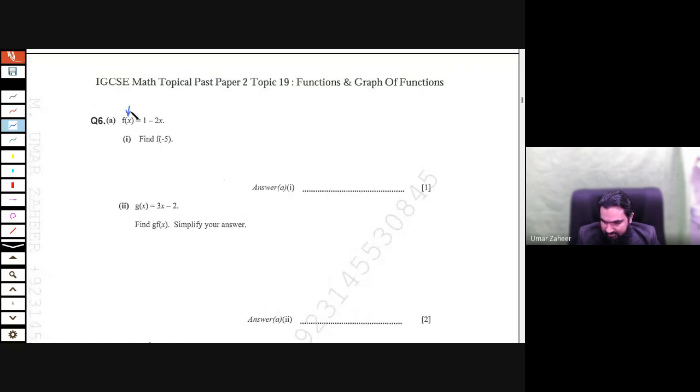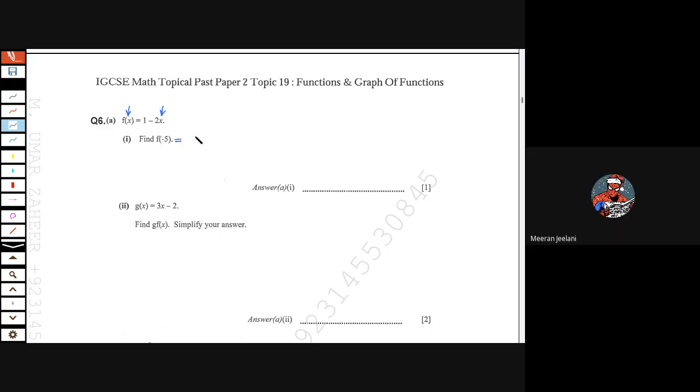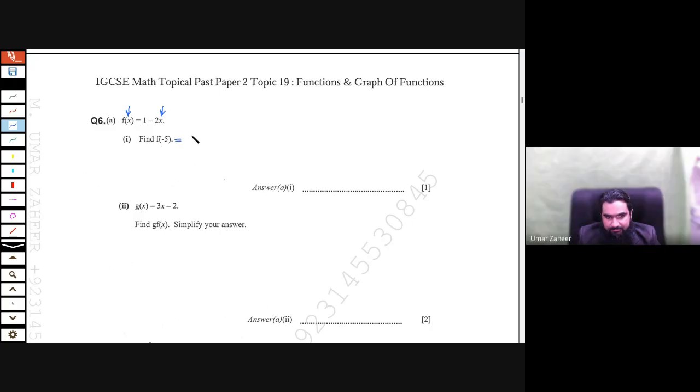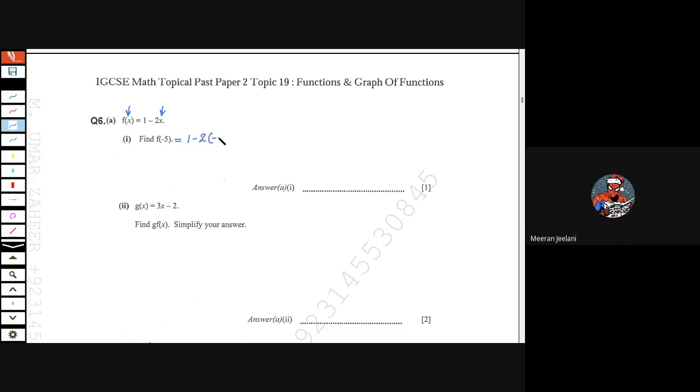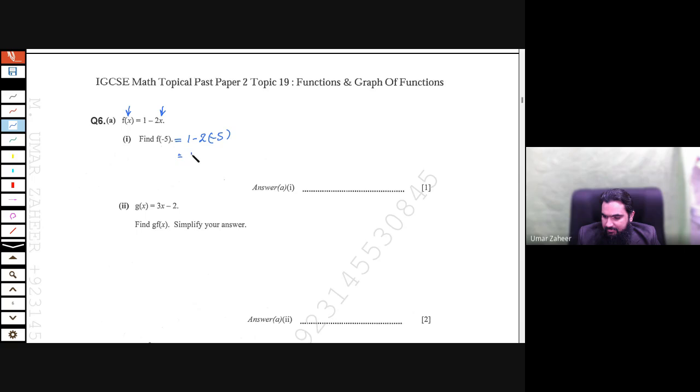At the place of x, we have to substitute minus 5. So we will get 1 minus 2 into minus 5, so 1 plus 10. 1 plus 10 will be 11. Now, next one, we have to find g of f of x.